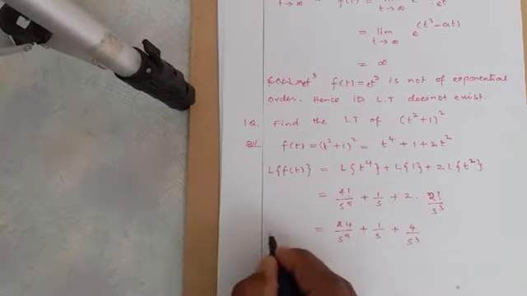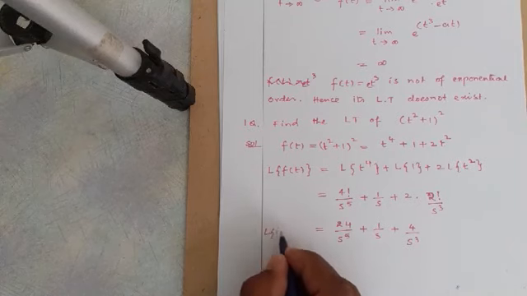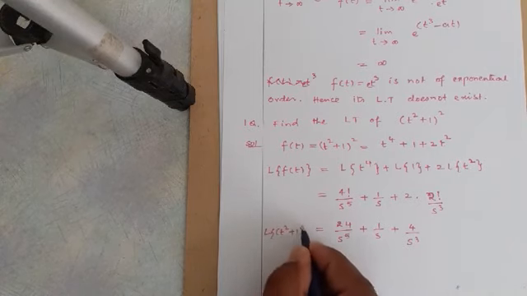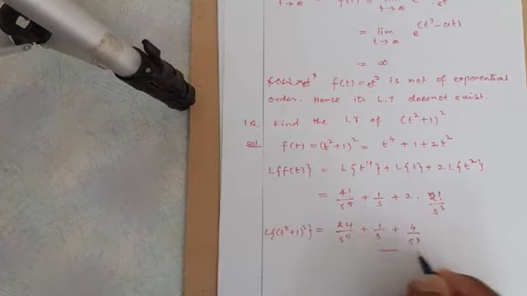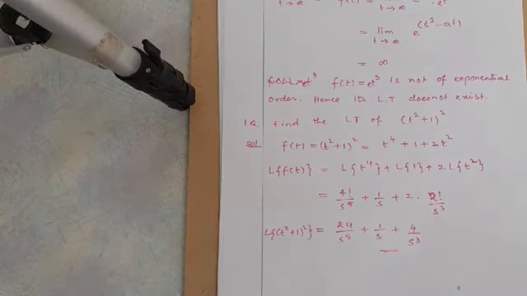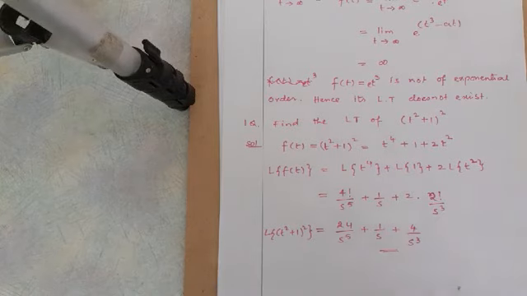So this is the Laplace of t square plus 1 whole square, found by using elementary functions.